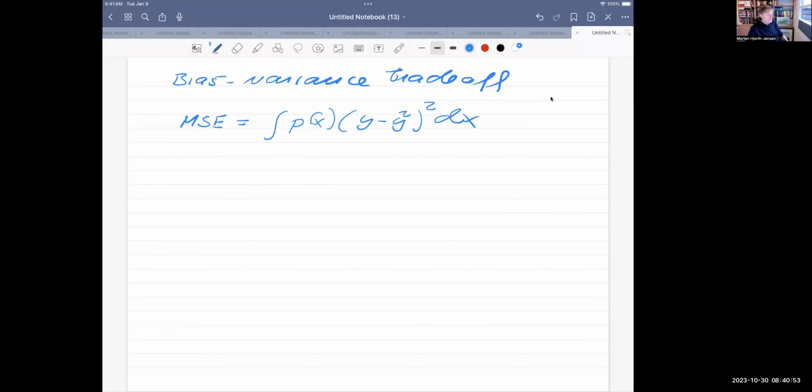Now, when you rewrite this, this is going to be given, when we just write it out, as the expectation value of y squared minus 2 times the expectation value of y tilde plus the expectation value of y tilde squared.